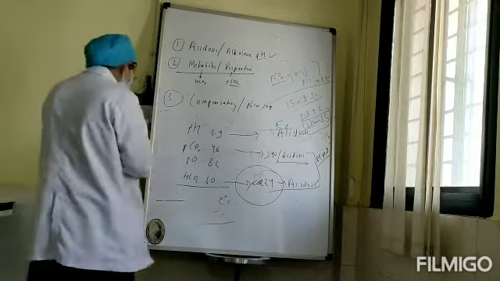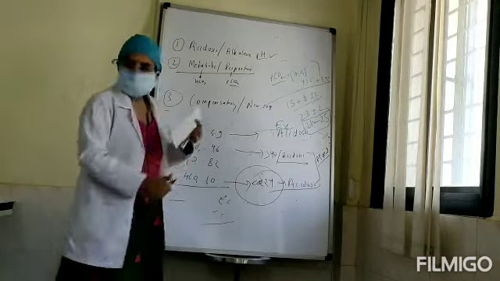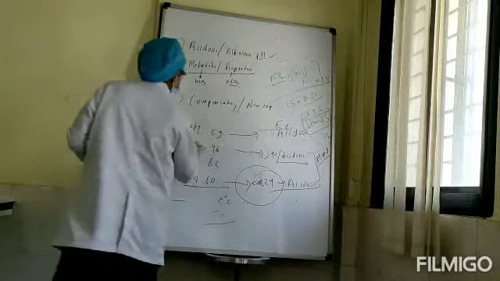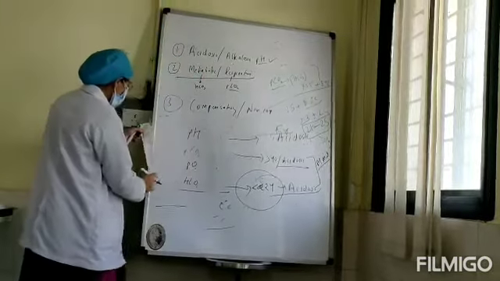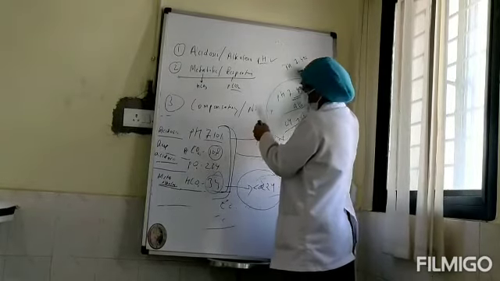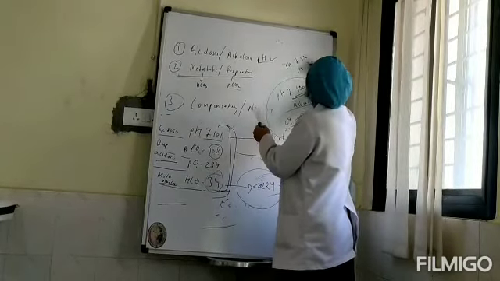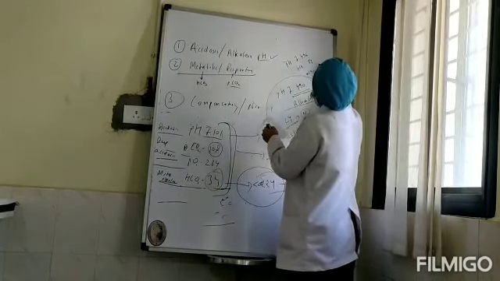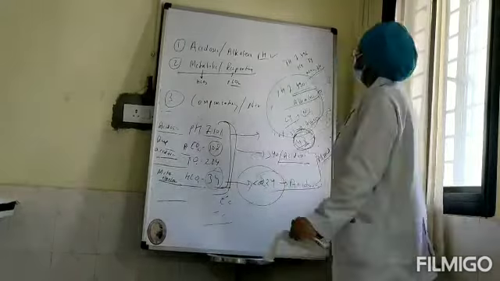Okay, now this child, you tell me now. pH 7.496, PCO2 is 34, bicarbonate is 26. Bicarbonate 26, PCO2 34.